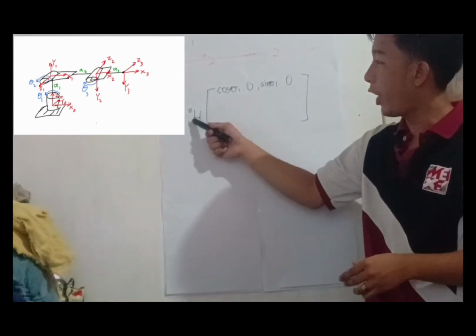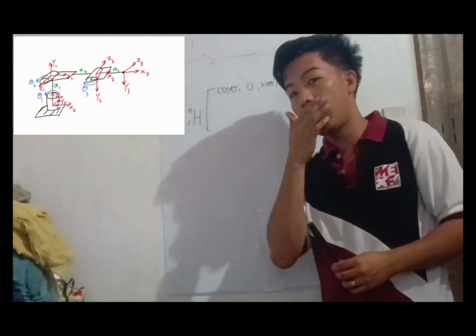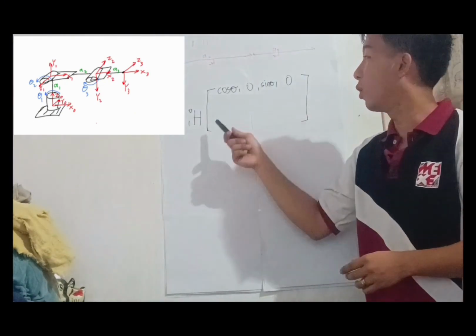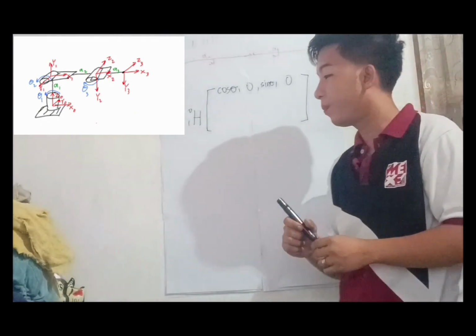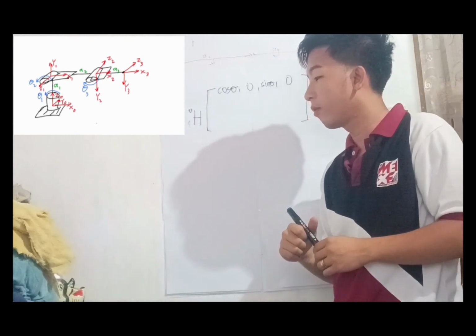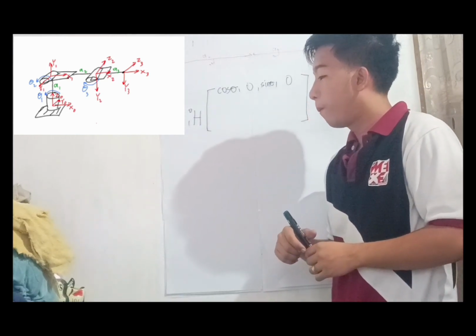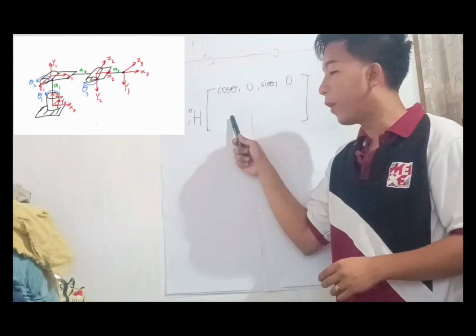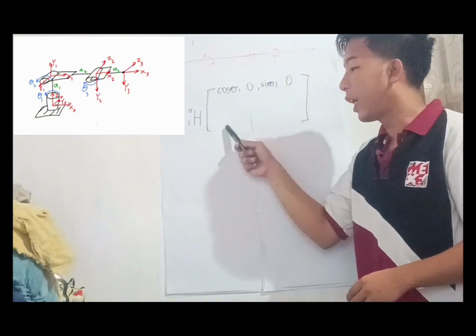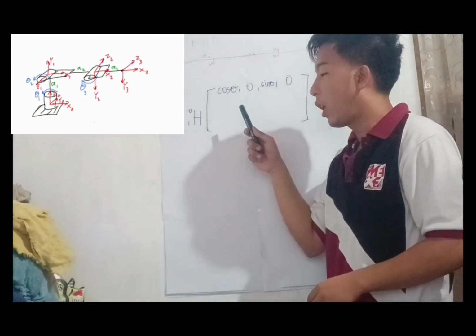So, this is the H01 homogeneous transformation matrix. Let's proceed to the second row. Sin theta 1 represents the sine of the first joint.